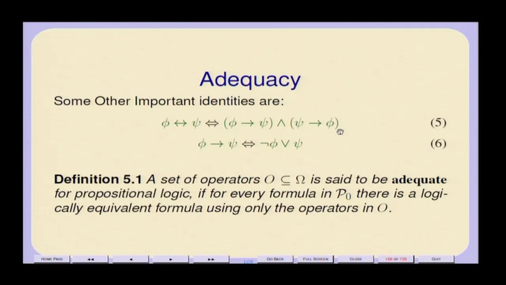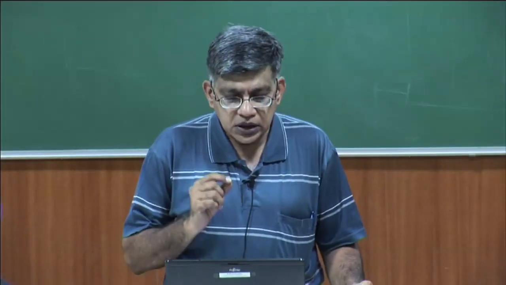This is something that you can easily prove, and phi arrow psi is logically equivalent to not phi or psi. Now, this is also something that most of you are familiar with. So, what we are saying is that in a certain sense these two logical constructs are redundant, in a certain sense.